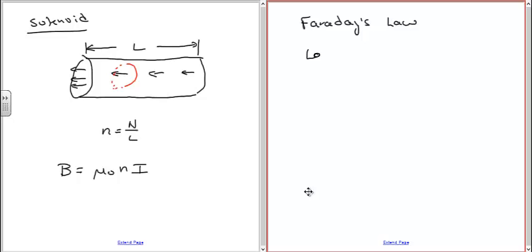Now, Lenz's law was which direction does the induced current go in a loop, which is hard to do on a test, so we talked about that enough in class.